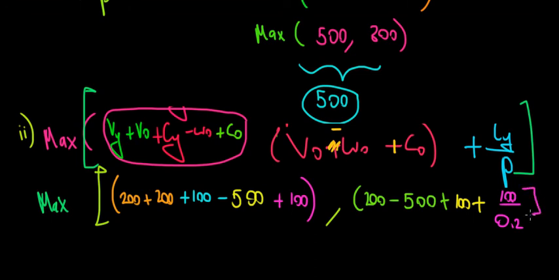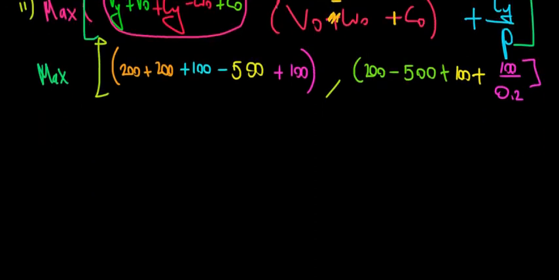Okay, let's move on. What do we have now? We will have the maximum value between 200 plus 200, that's equal to 400, plus 100, that's 500, minus 500 is 0, and we're left with 100.